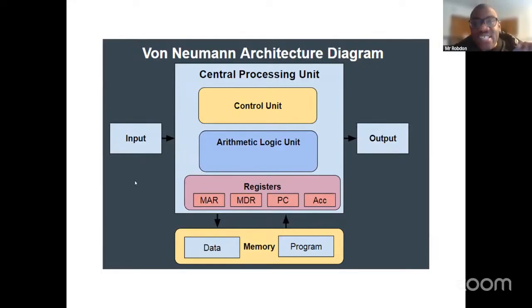When he designed it, he wanted the input device to be able to interact with the processor and the output device to also be able to interact. So this is how the user will either use a keyboard or a mouse to interact with the computer. The CPU is going to do the processing and display it in the output, whether that's a speaker or a monitor. All right, that's an abstract.